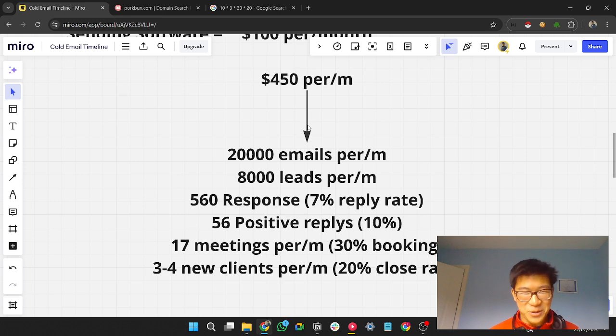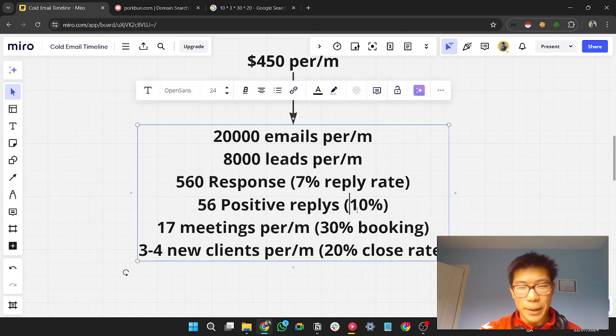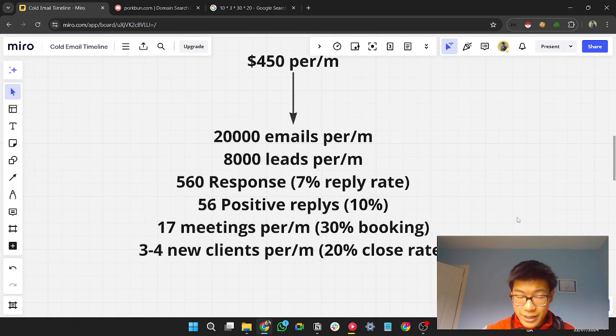They're like, go away, leave me alone. You get all this in your email campaigns. So let's say you get a 10% positive reply rate, which is quite conservative if you don't incorporate a lead magnet, provide value, or have a risk reversal or guarantee. A 10% reply rate gives you 56 positive responses.